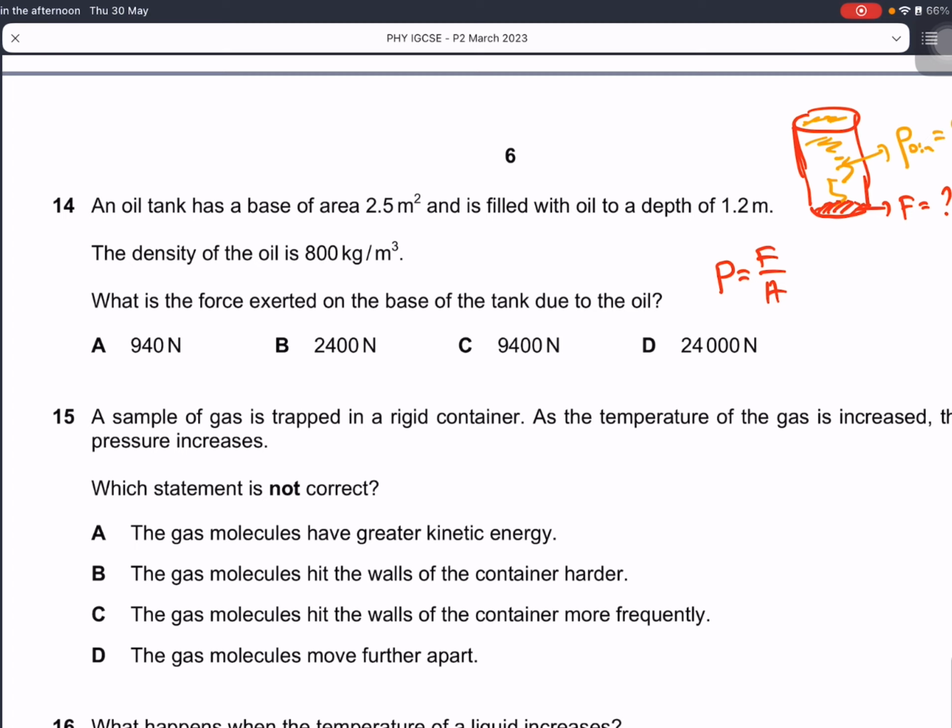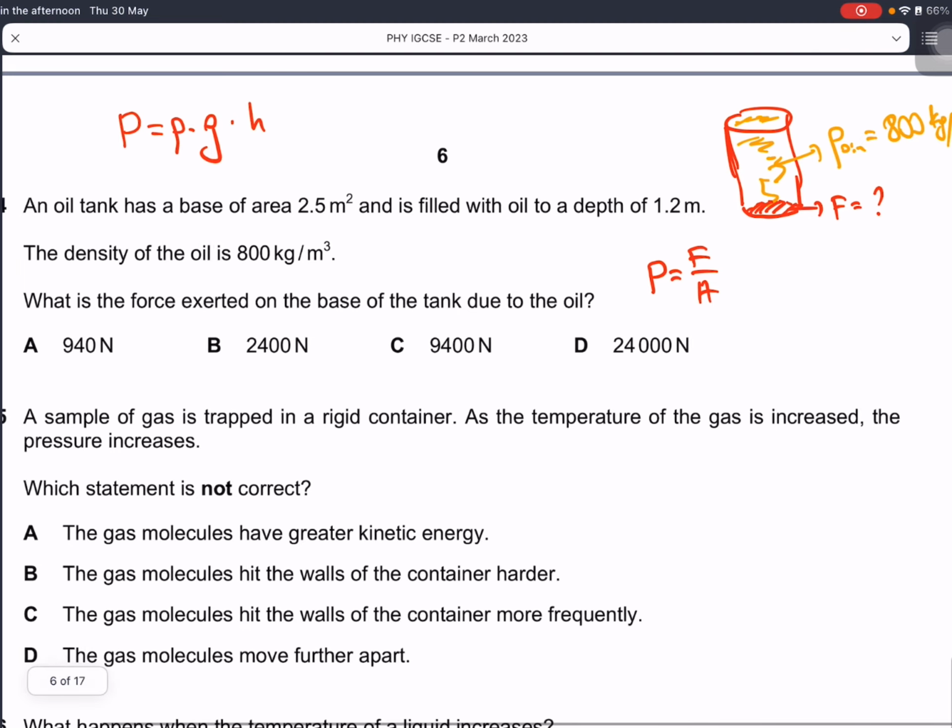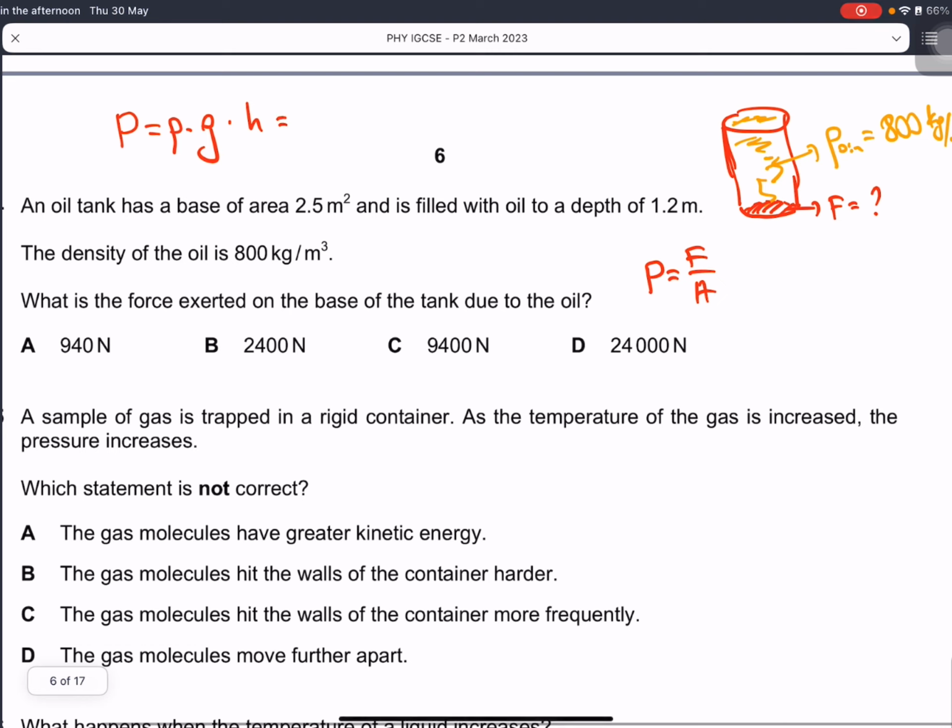So pressure for the liquid is rho, the density of the liquid, times g, the gravitational field strength of that planet, so it's Earth definitely, 9.8, and it depends on the height too, exactly.